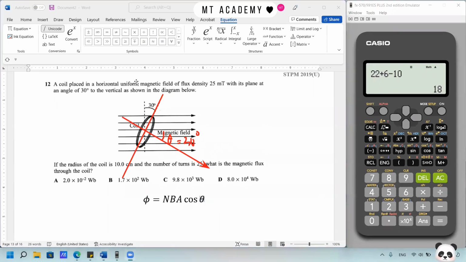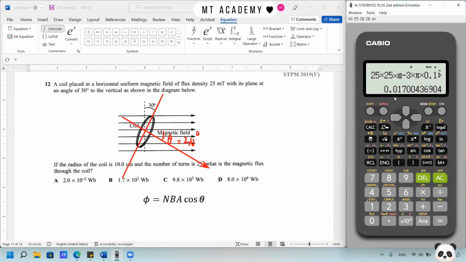So we're going to find out the magnetic flux linkage. We have the number of turns 25, multiply the magnetic flux density 25 millitesla, multiply the area of a circle, pi r square. Radius is 10 or 0.1 square, and cos 30 degree.